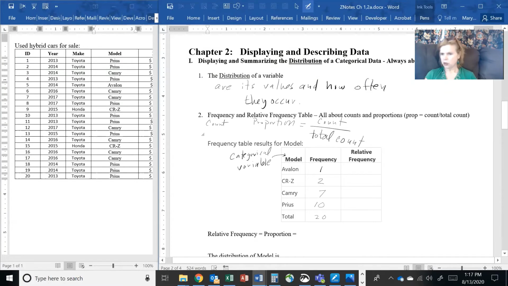Well, if I got a total count here, the count can't be any bigger than that. So the biggest the proportion could be is the total count over the total count. So that would be 1. All right, so it's always going to be between 0 and 1, always. Or 0 and 100%, which is the same thing.